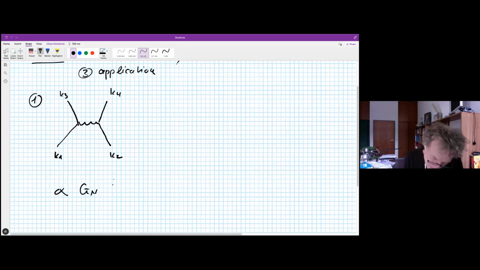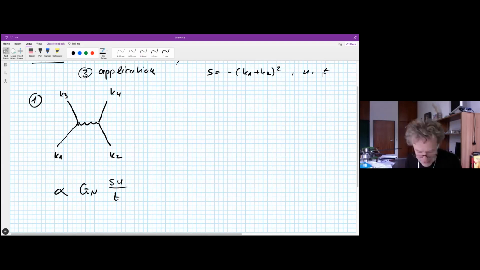And then the Mandelstam variables, if we take this particular one, since this looks like a T channel, s u over t. Remember s depends on the signature, but let's take the signature where it's (k1 + k2) squared. And similarly for u and t, just the Mandelstam variables.